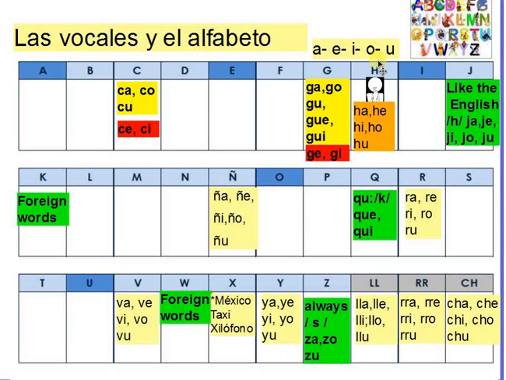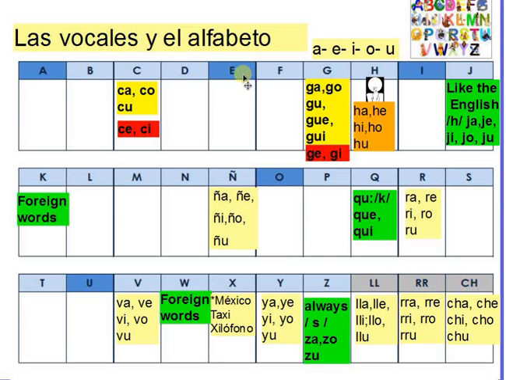So in Spanish, it's very easy, very straightforward. You just need to memorize A, E, I, O, U. Okay? So there is no sound like A or I. No, it's always A, E, I, O, U.